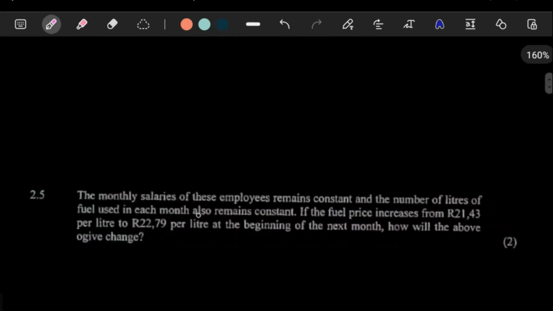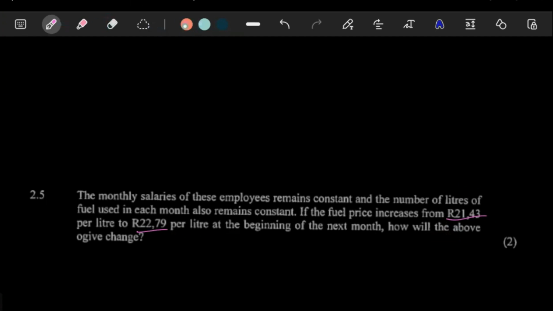Let's move on to 2.5. 2.5 says the monthly salaries of these employees remain constant, and the number of liters of fuel used in each month also remains constant. If the fuel prices increase from 21.43 up until 22.79 per liter at the beginning of the next month, how will the above OGIF change?